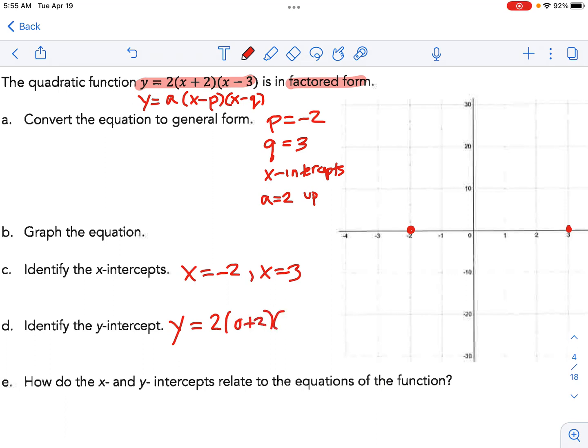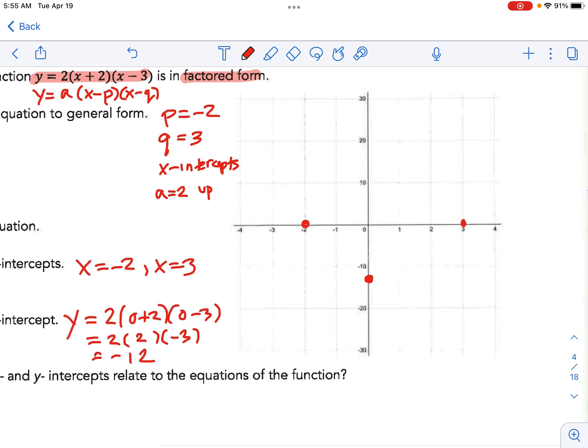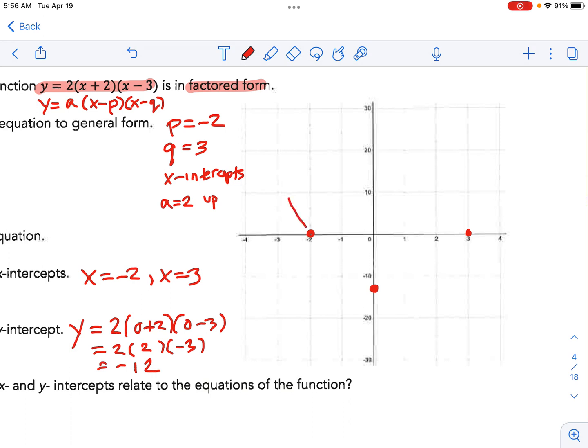So it would be 2 times the quantity 0 plus 2 times the quantity 0 minus 3. The first bracket ends up being 2, the second bracket ends up being -3, so that's -12. With that y-intercept, we can graph it a little more accurately.